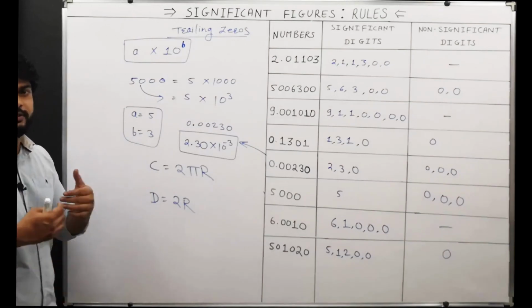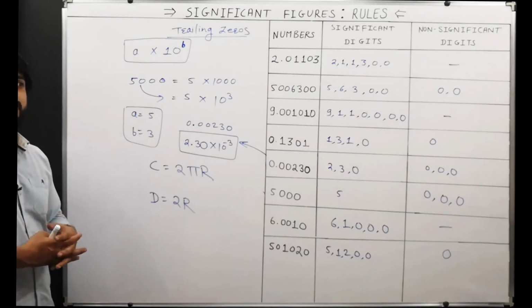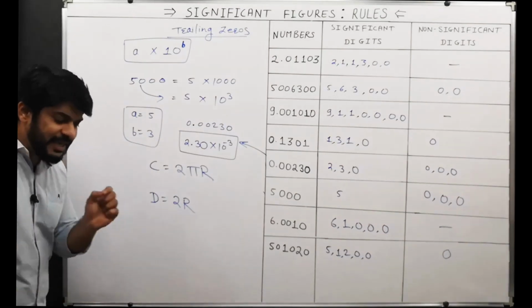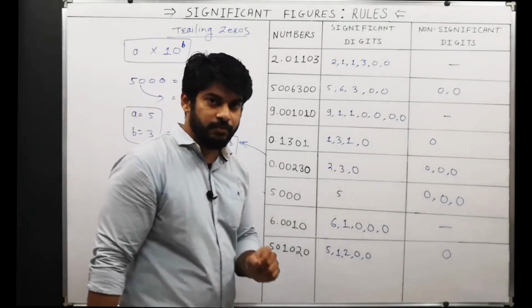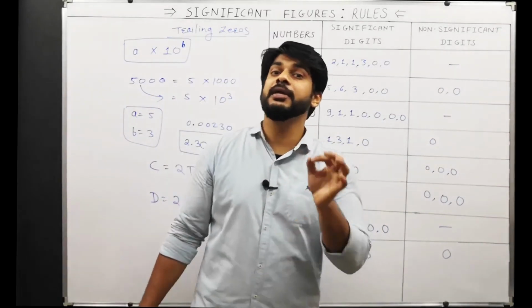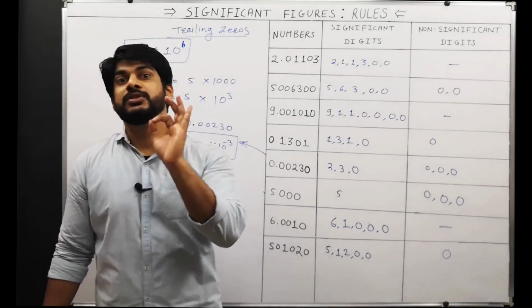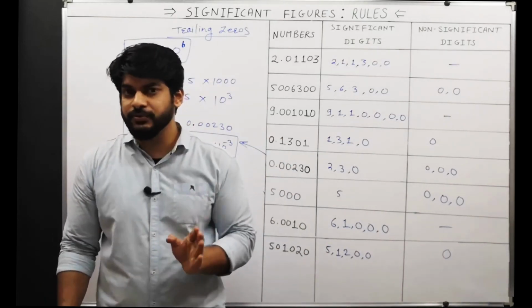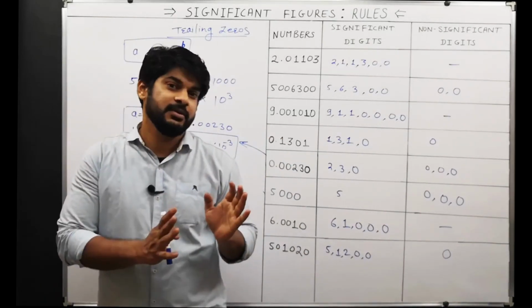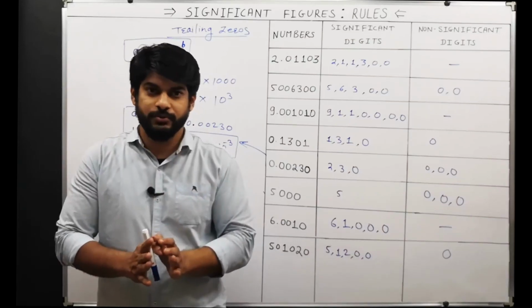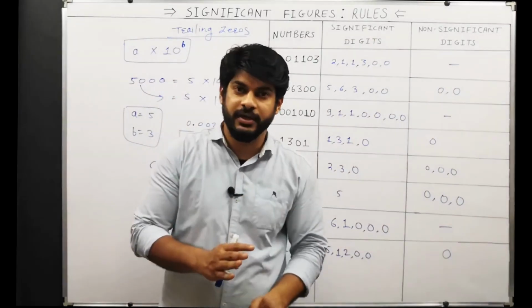Sometimes you will see 4. In any formula, if you see an exact number, that exact number has an infinite number of significant figures. Infinite means something that is not finite.